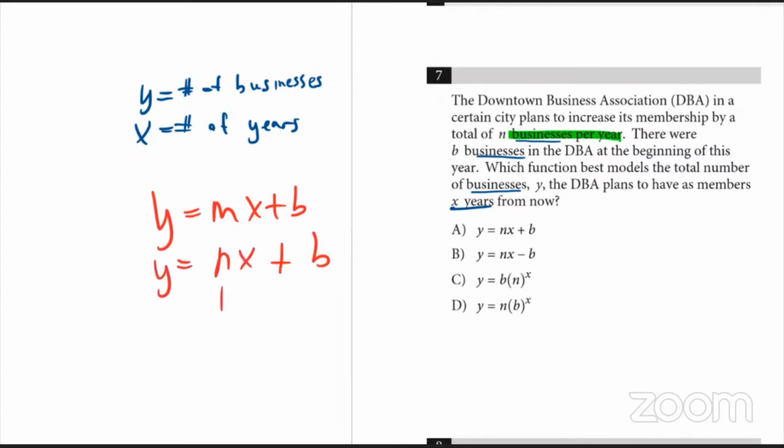So the change in Y over change in X, the slope, is the letter N here. And so, which function models the total number of businesses X years from now? NX plus B, which is a nice and easy answer A on number 7.